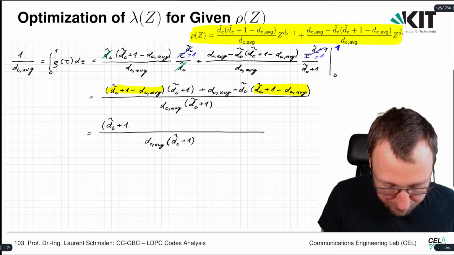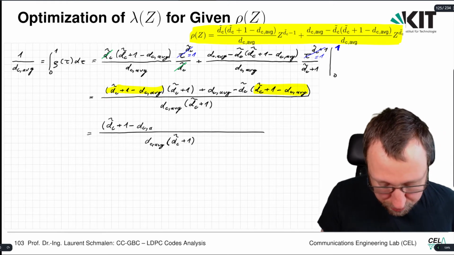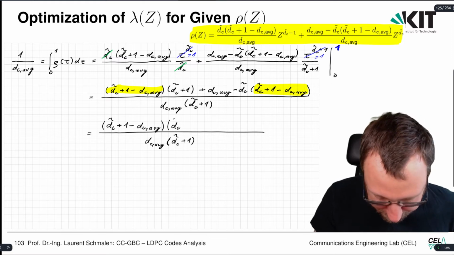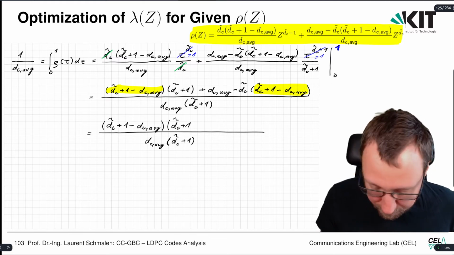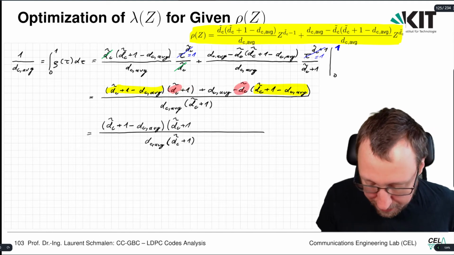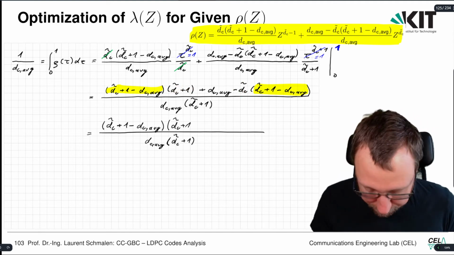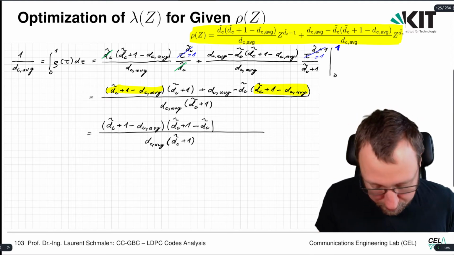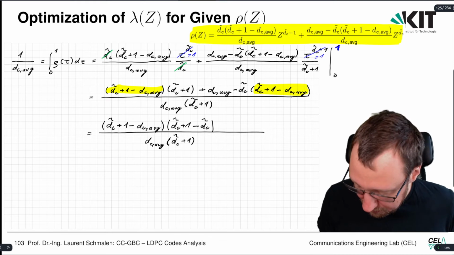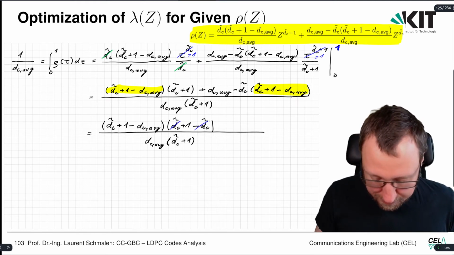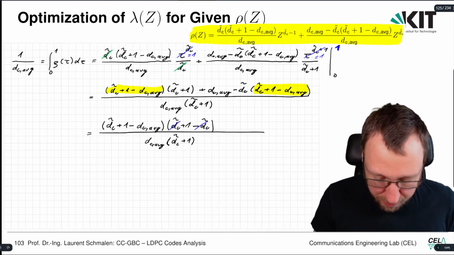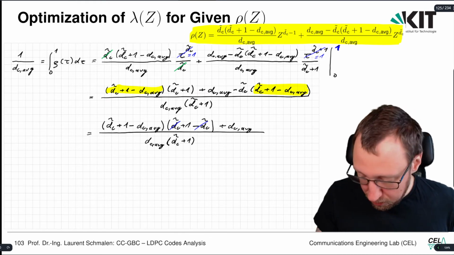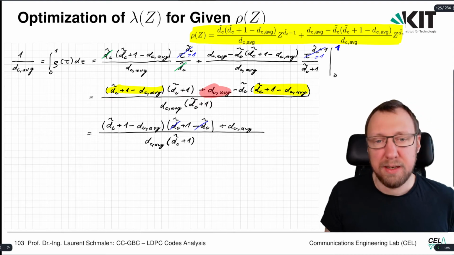So it's DC tilde plus 1 minus DC average times, we have a DC tilde plus 1, this guy, minus DC tilde. Okay, that's very nice because this DC tilde cancels. And then we have plus DC average. Must not forget this term over here.